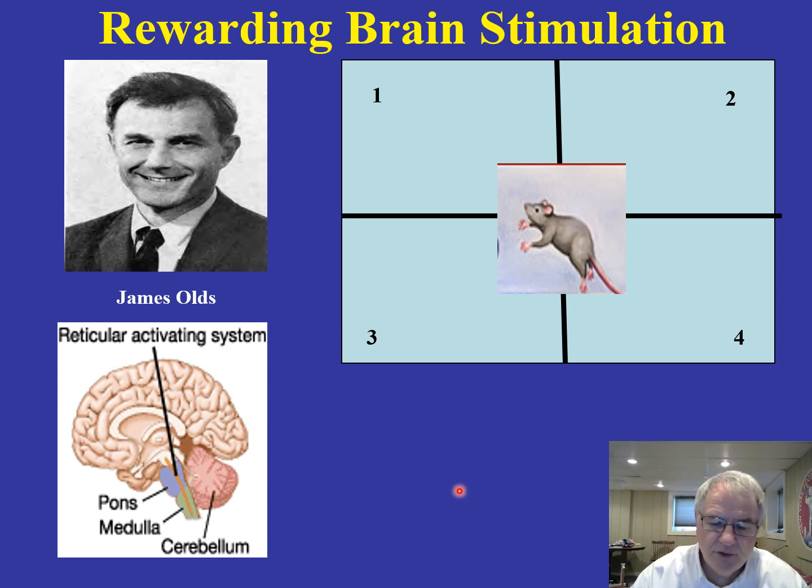And Olds and Milner thought that if they took an animal, a rat, let's say, and placed it into a difficult maze, a maze that it was experiencing for the first time, and they were able to stimulate that arousal system, that rat would probably learn that difficult task more rapidly than a rat that was not stimulated in the reticular activating system. This was an interesting hypothesis and indeed one that they wanted to explore.